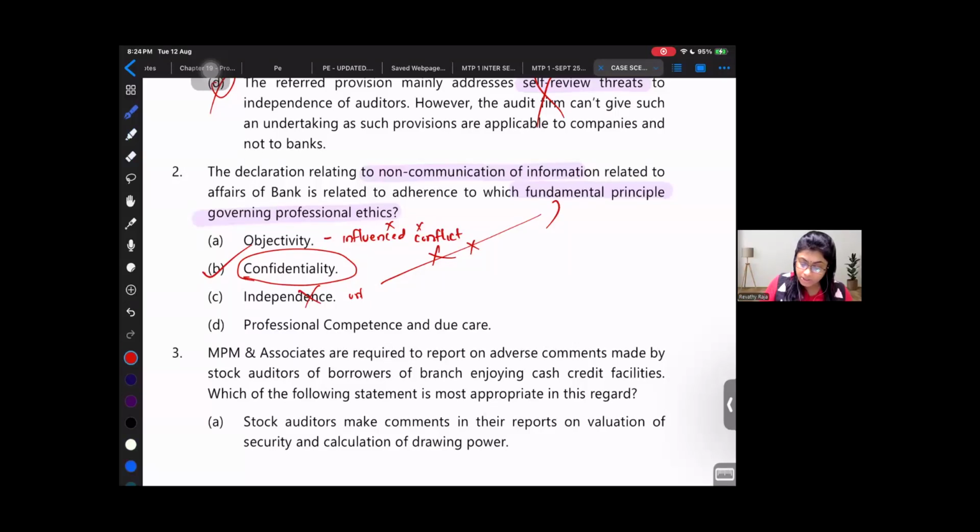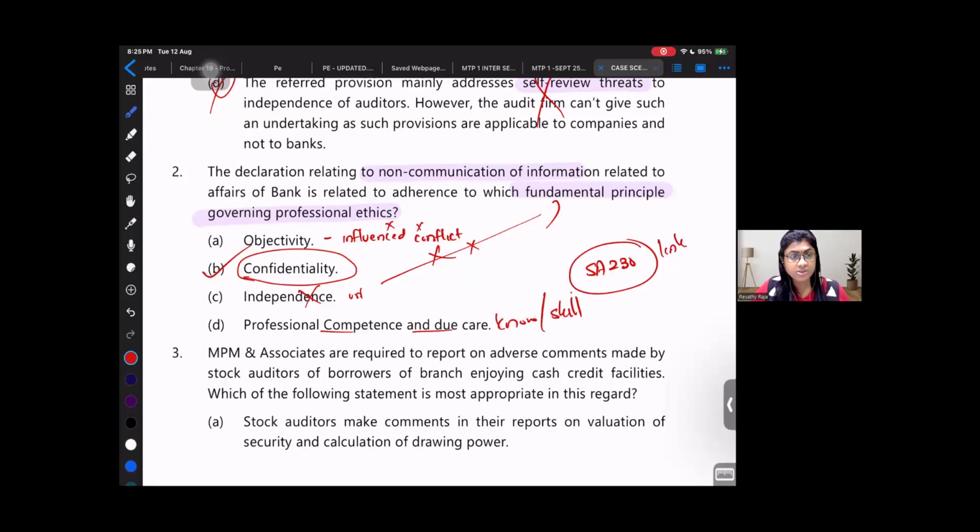What is competence and due care? That says you have to exercise skill, knowledge, due care, diligence. Anyway, here none of this. It is confidentiality. Even SA 230 asks working papers to be kept confidential.